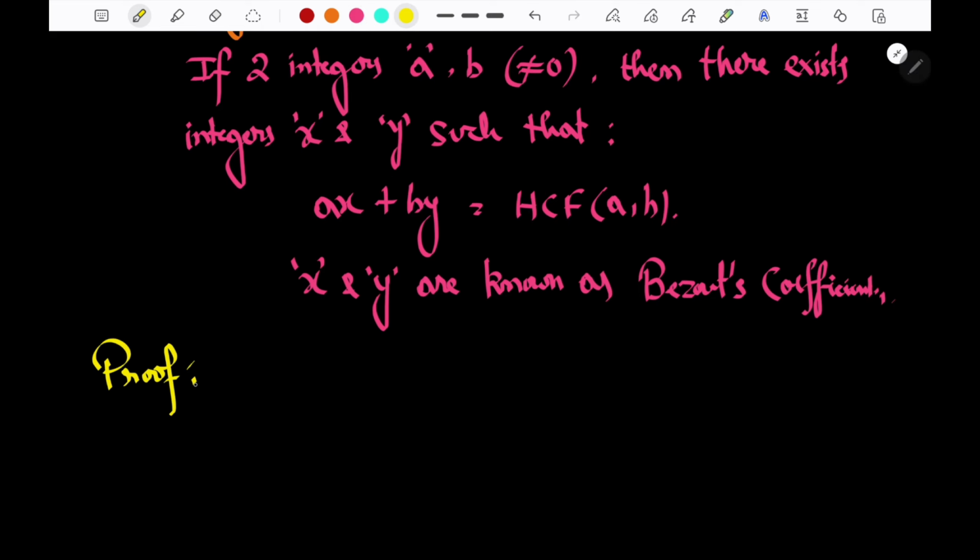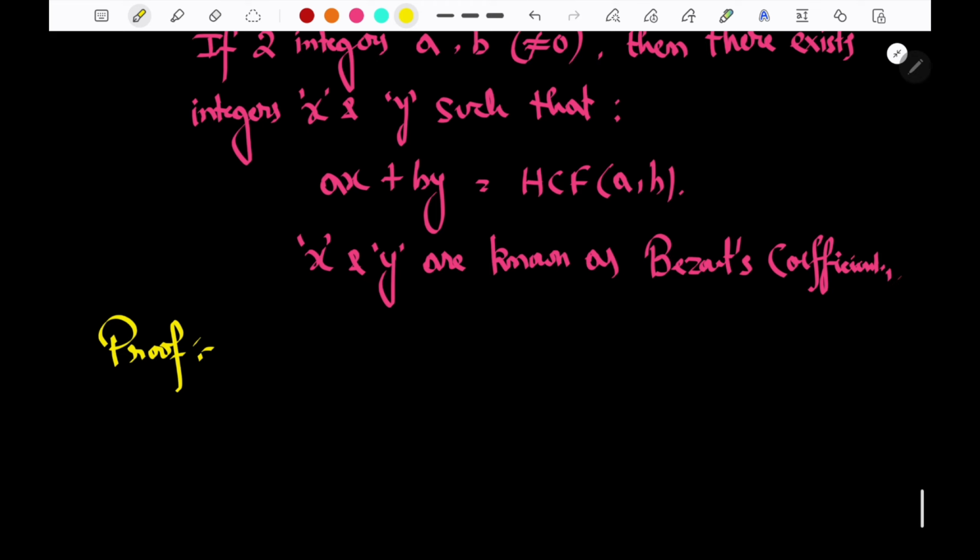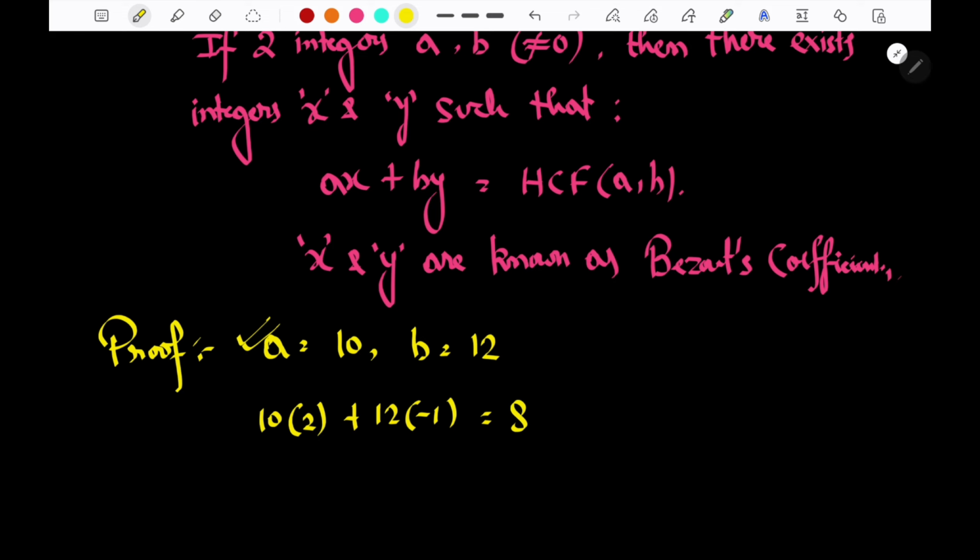A simple proof can be taken with intuition. For example, suppose a is equal to 10 and b is equal to 12. Can we write some combination? You say, sir, 10 into 2 plus 12 into minus 1. That is 20 minus 12, which is 8.